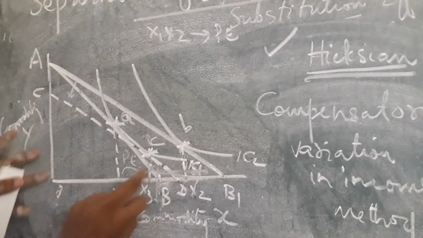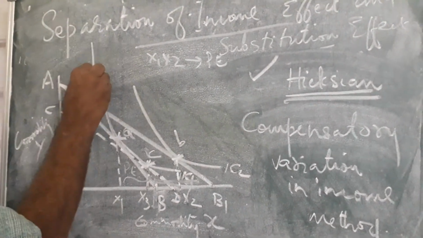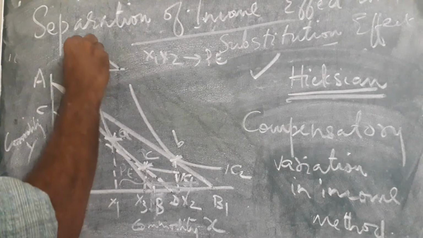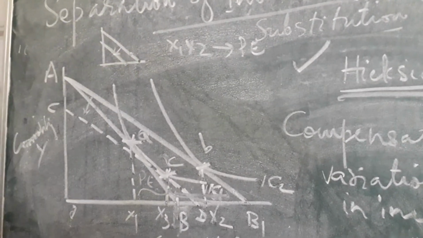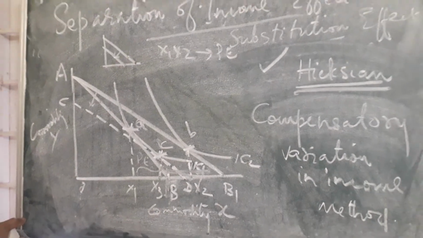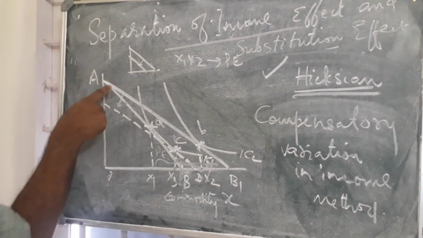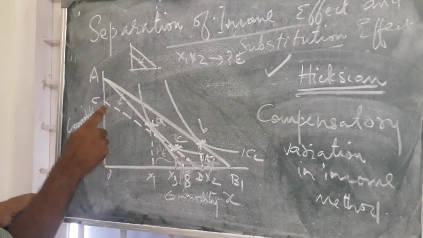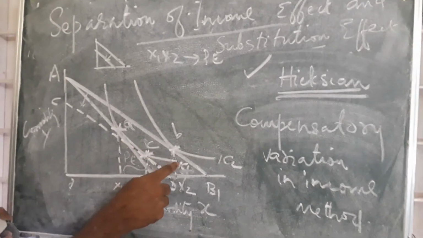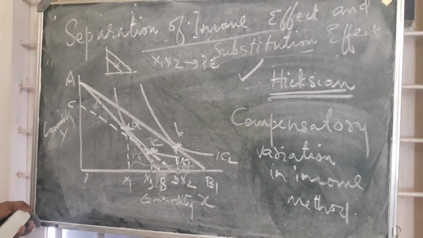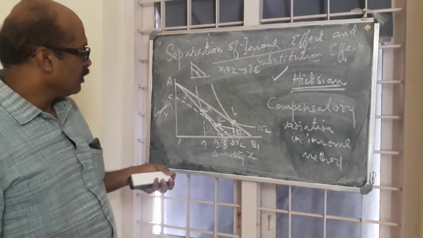If there is a decrease in income, there is a parallel downward shift of the price line, which we have explained earlier. So the parallel downward shift from AB1 to CD, so that the consumer is on the same initial level of satisfaction, is known as the process of compensating variation in income.